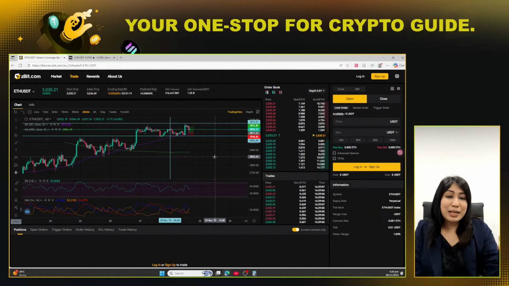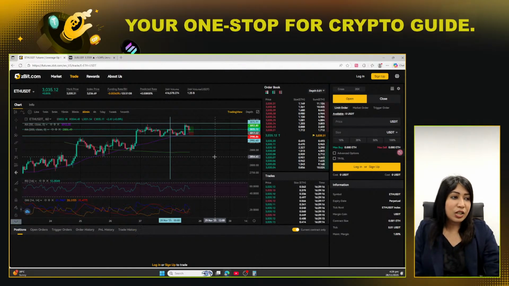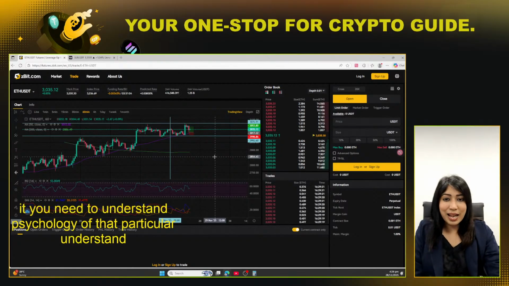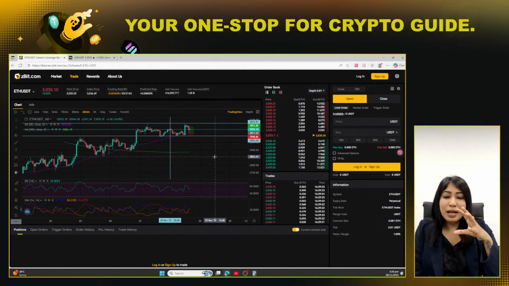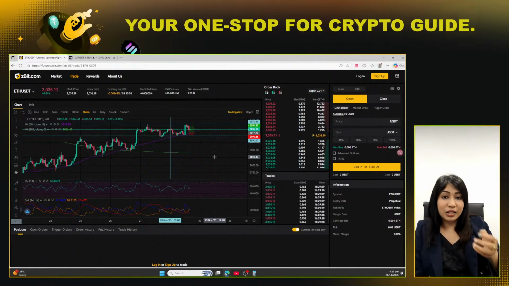You need to understand the background of it, the psychology of that particular crypto, the technical analysis. You need to look at charts, indicators, current buying and selling pressures, how the order book looks, whether there are any fair value gaps, whether order blocks are placed, whether there are any whale entries, so many things associated with it. Then only you will be able to take a trade.